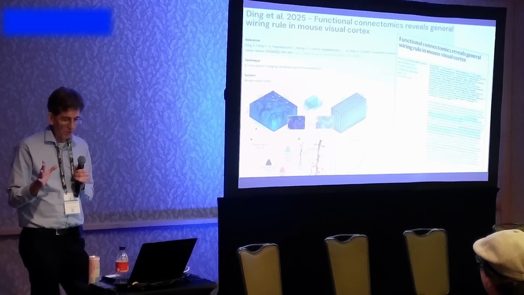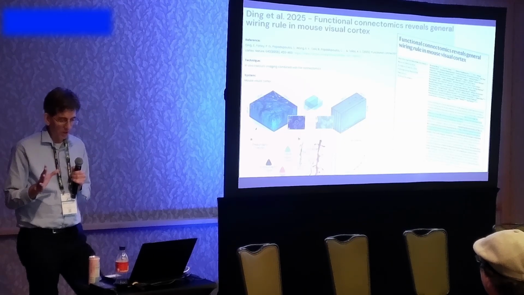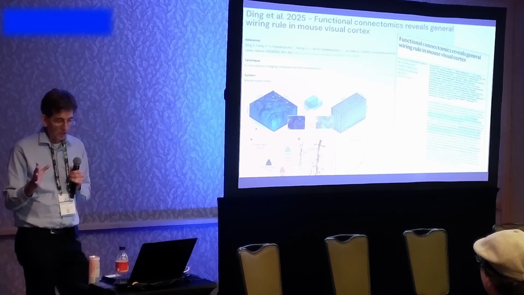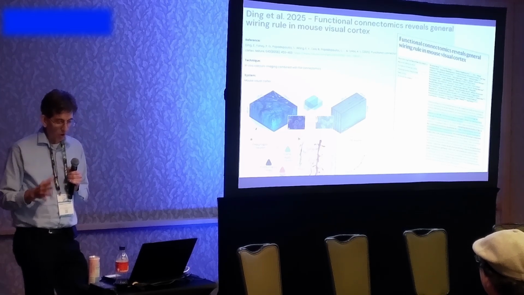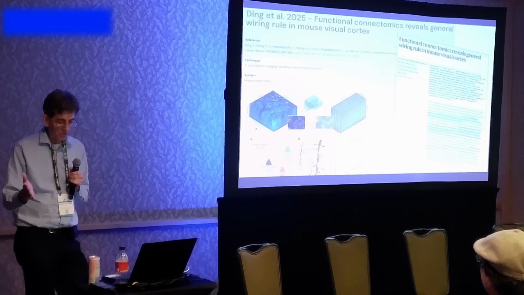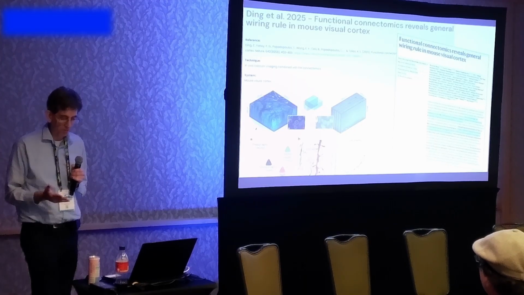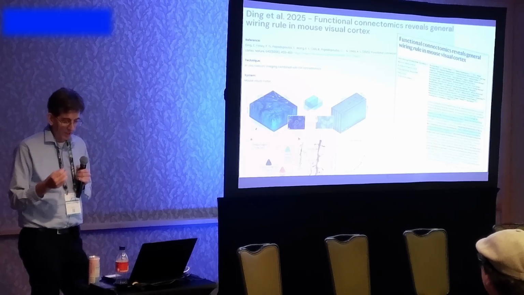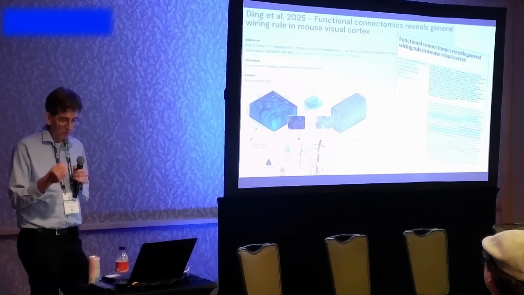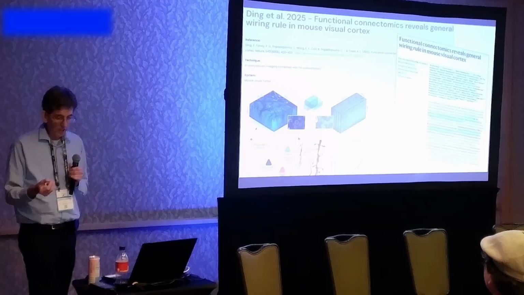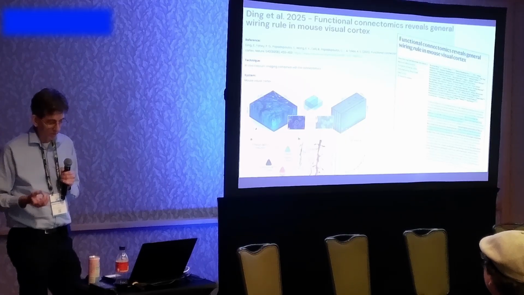It acquired a cubic millimeter volume of electron microscopy data spanning multiple primary and higher order visual areas. Overlapping regions were calcium imaged in the awake behaving mouse while watching hours of specially designed video stimuli. The paper analyzed a subset of neurons having both high quality calcium recordings and proofread connectome tracings.